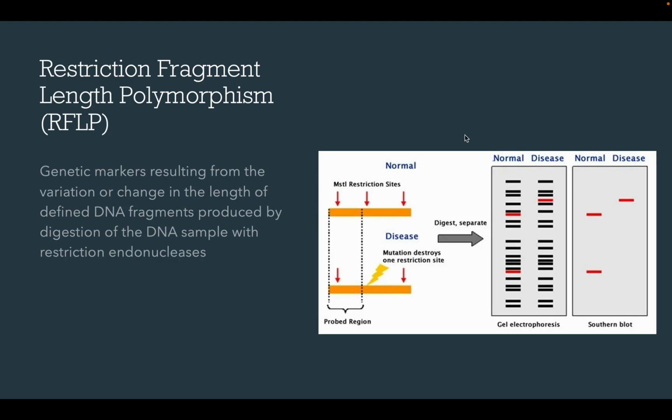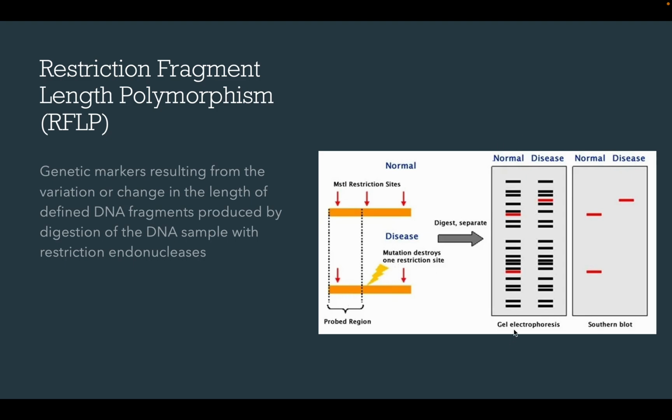As you can see here, there is one sequence for the normal condition, and then suppose there is a disease in which a mutation occurs. When we cut them with the same restriction enzyme, MstI, in the normal condition there are three sites where MstI can cut, but in the disease condition there are only two.